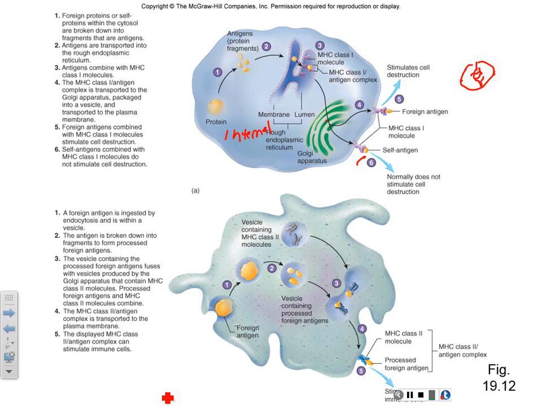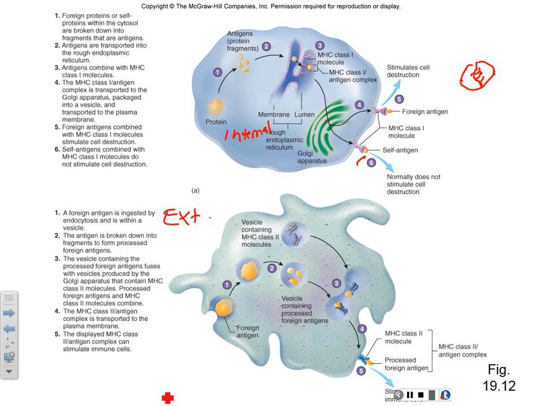All right. So now the MHC2. We talked about how B cells, macrophages, and dendritic cells will recognize foreign antigens attacking the body. So they will do what now? They will engulf it and break it down. So this is an external antigen. That's number 2, the difference between MHC1 and MHC2, right?